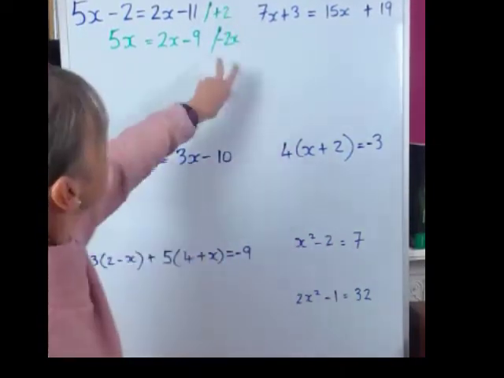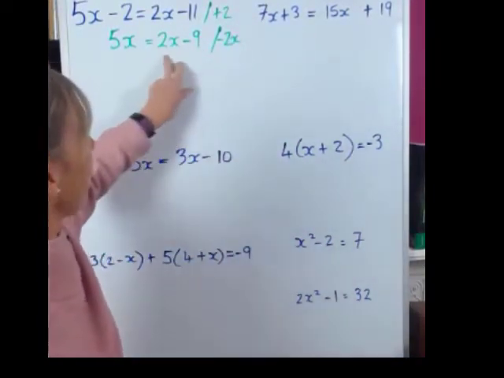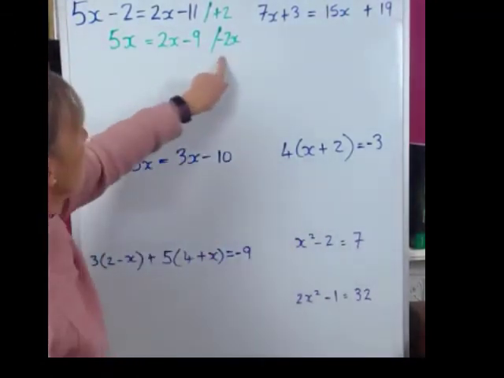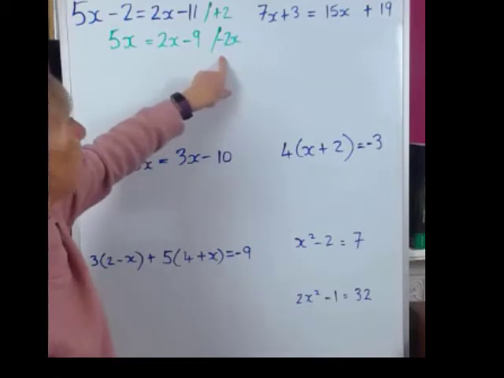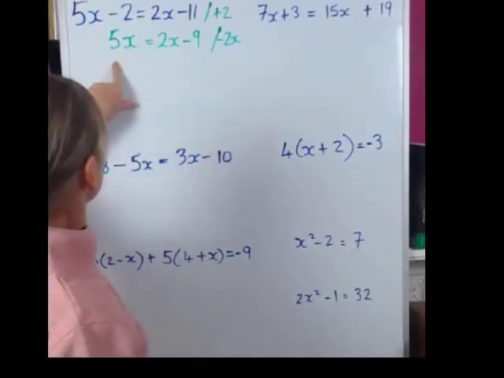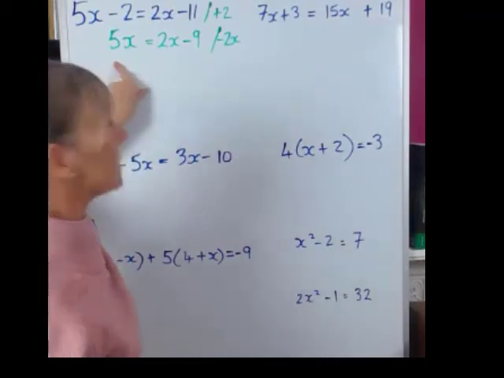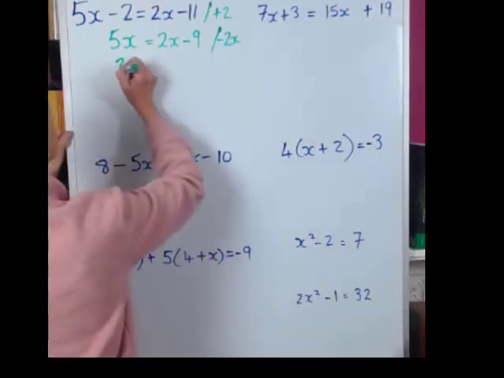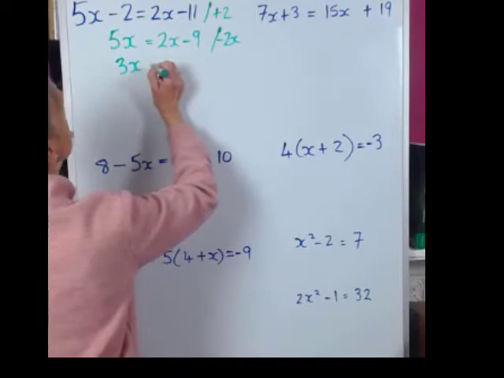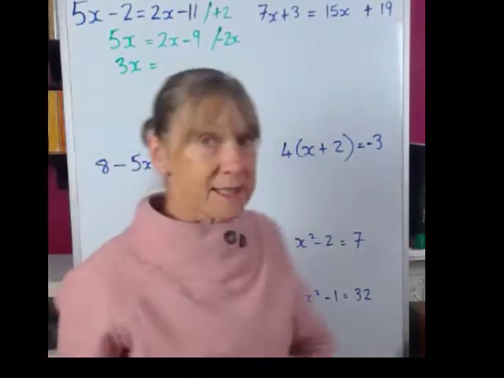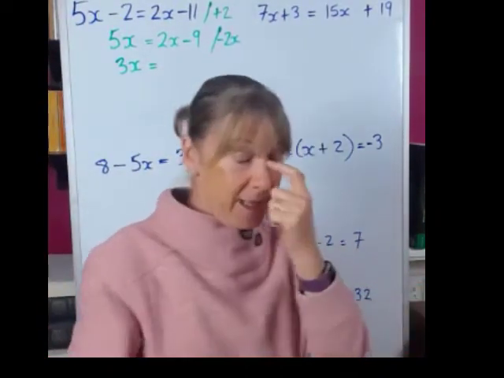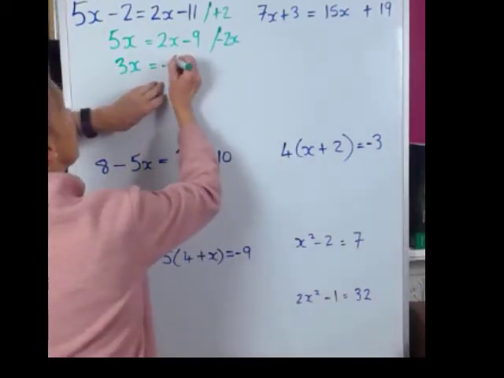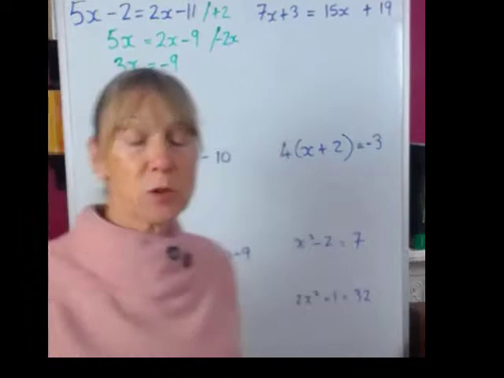All right, but this time we're subtracting 2x because that will get rid of the 2x term. So we've got to subtract 2x from both sides. So we subtract 2x from 5x. 5 lots of x minus 2 lots of x gives us 3 lots of x. So the 2x has now been absorbed into the 5 and has now gone away on this side, so it leaves the minus 9.